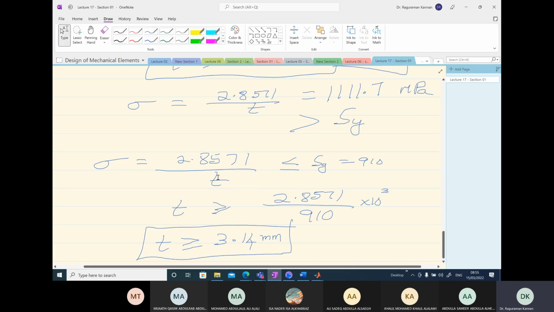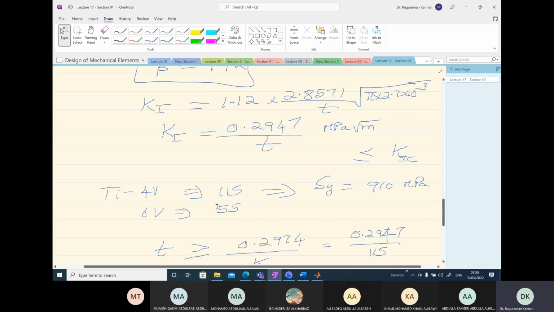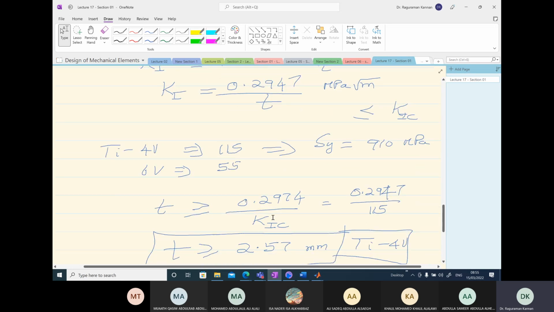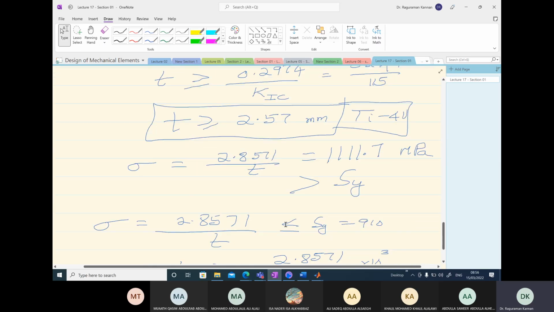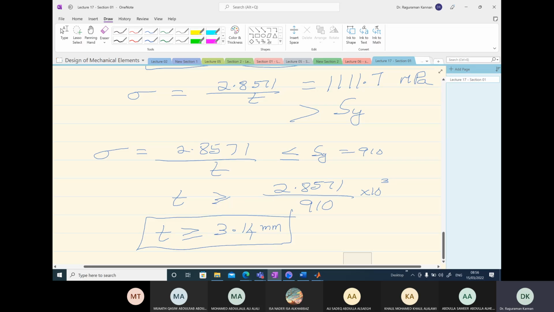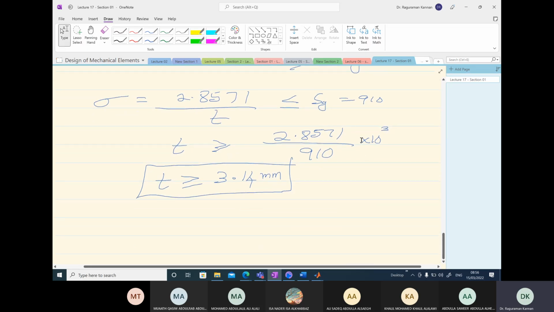But if we calculate what is the thickness based upon the value 55 here, we can also try it just in case we want to be sure that thickness value is not less than 3.14. So KIC for this is for 6V titanium alloy.